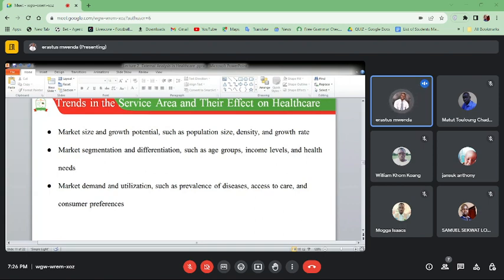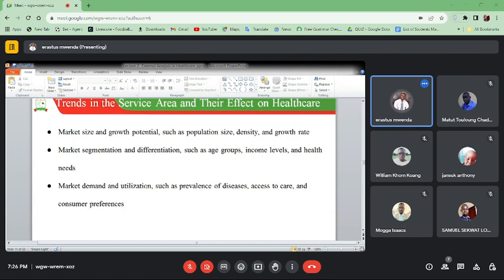They are going to have influences on different populations. Therefore, when we look at trends in the service area, we will focus on the market size and growth potential. So, what is the population size of the community that we are serving, the density, and the growth rate of the population.